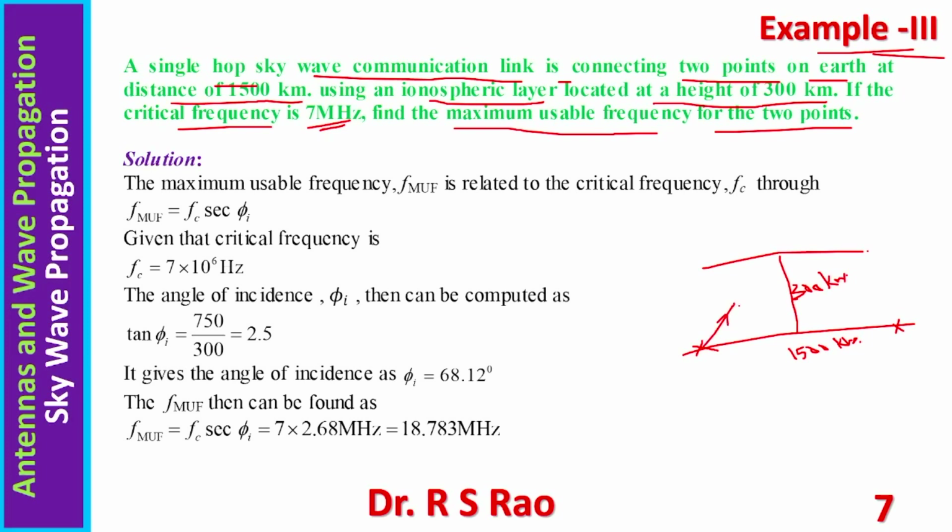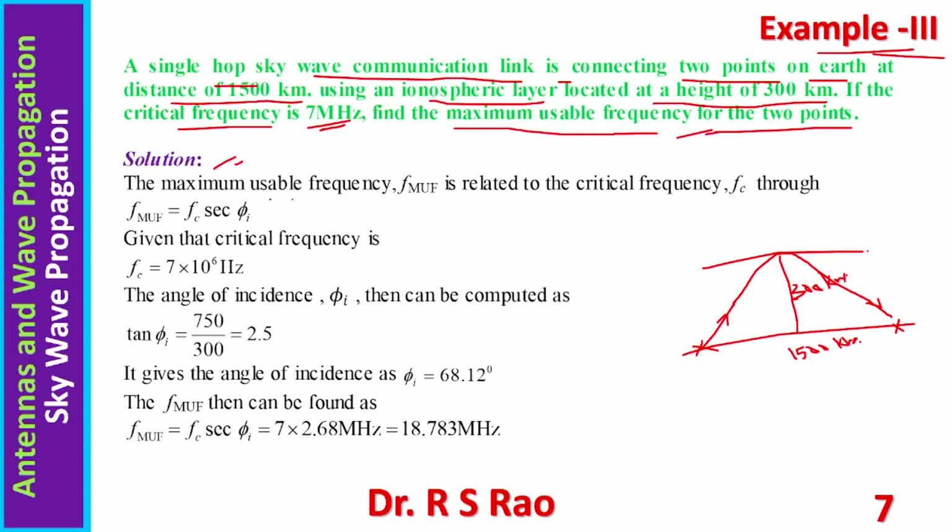It releases wave. It goes, hits the ionospheric layer. There it gets refracted back to earth like this, traveling towards the receiving antenna. It is given critical frequency is 7 megahertz for this layer. We are asked to find maximum usable frequency for the 2 points.